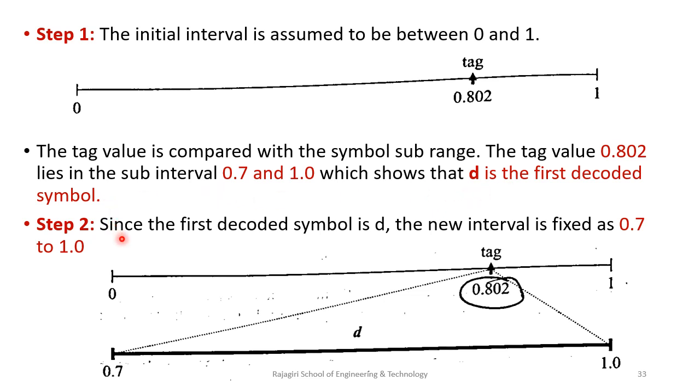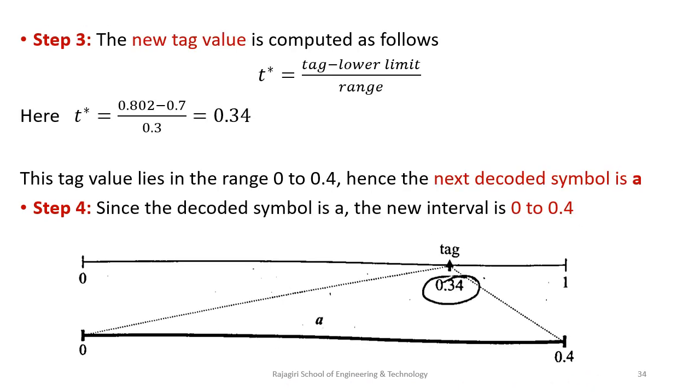In the second step, since we know that the first decoded symbol is a D, we will consider the new interval corresponding to the subrange of D, which is 0.7 to 1. In the third step, a new tag value is computed as T star equals the initial tag minus the lower limit, divided by the range.